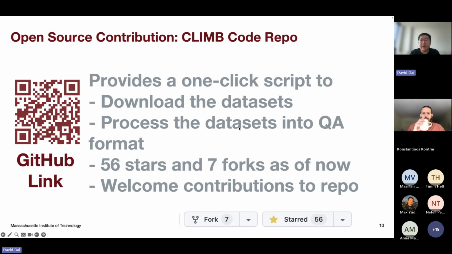Feel free to scan the QR code here to take a look. We're also working to add more datasets, and we would really appreciate community contributions on adding support for more datasets if possible.